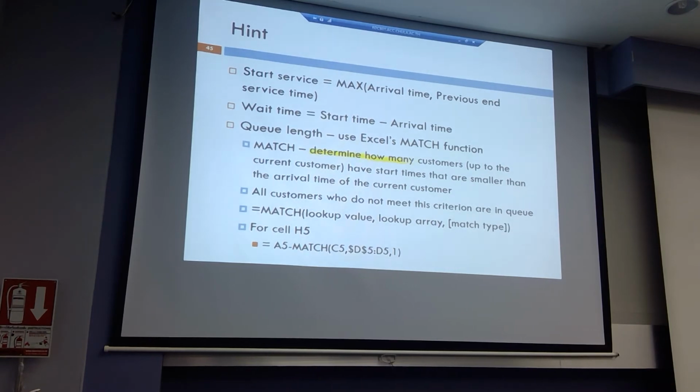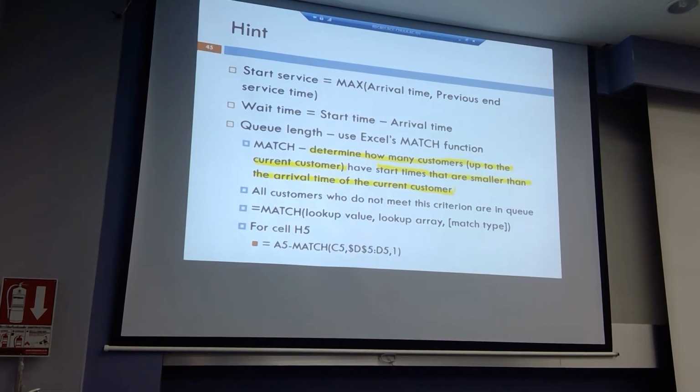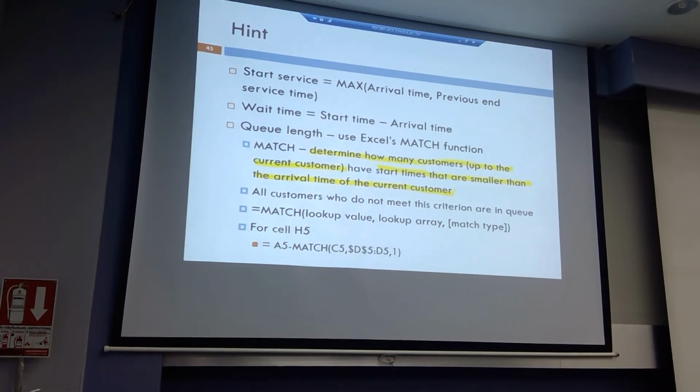We can use it to determine how many customers, up to the current one, have a start time that is smaller than the arrival time of the current customer. Any customer that does not meet this criteria is basically in the queue.